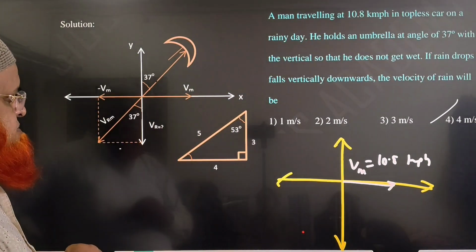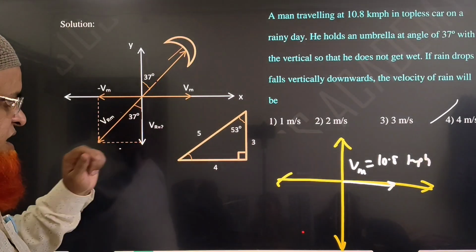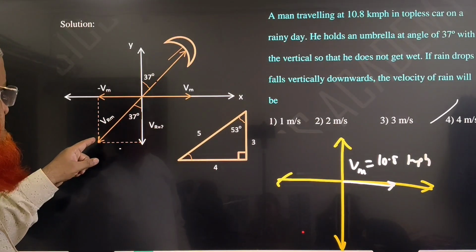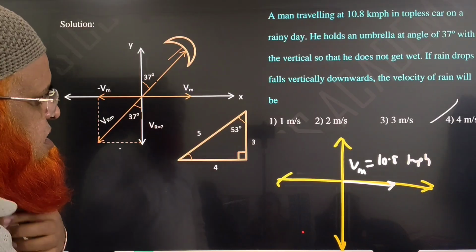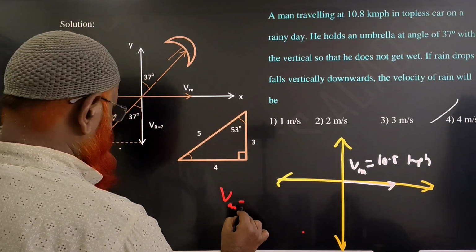Man is going like this. This is also 37 degrees. Velocity of rain is downwards. And velocity of man is given as 10.8.